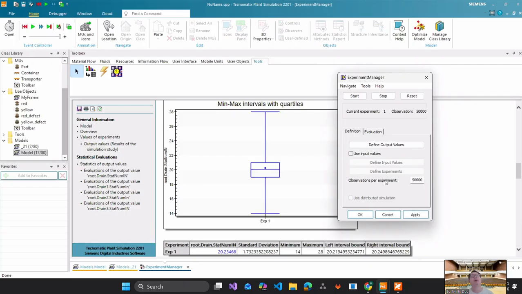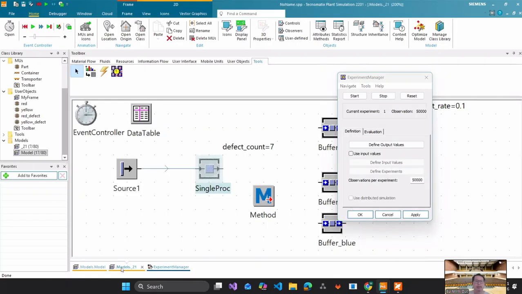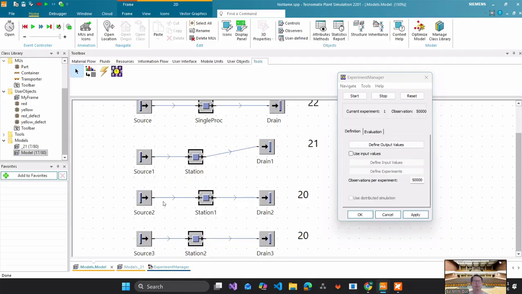It means that in total we run the simulation 100,000 times. Again, here we have observations per experiment, because we have only one setup of the simulation model, so we have only one experiment.